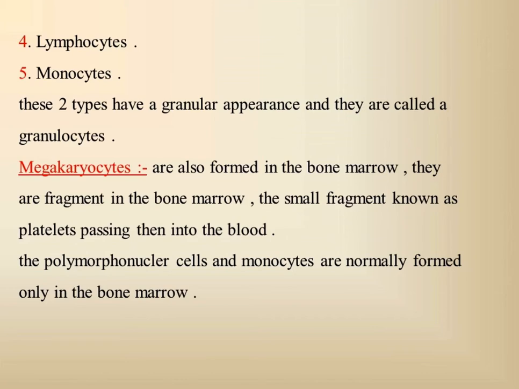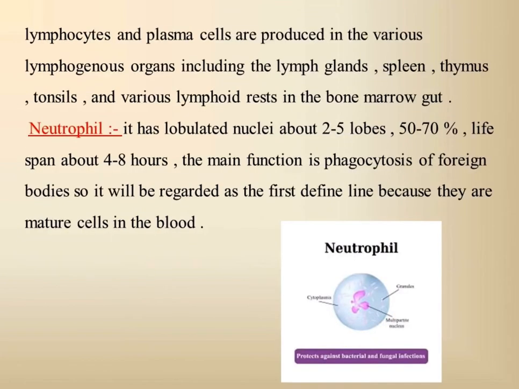As we know, all the cellular elements are formed in the red active bone marrow: red blood cells, white blood cells, and platelets. Lymphocytes and plasma cells are produced in the various lymphogenous organs, including the lymph glands, spleen, thymus, tonsils, and various lymphoid rests in the bone marrow and gut.